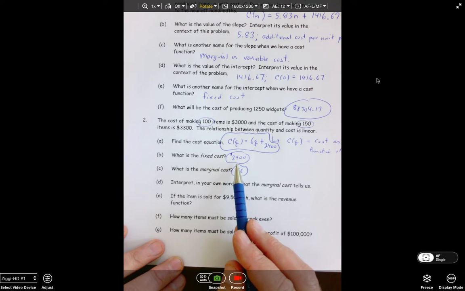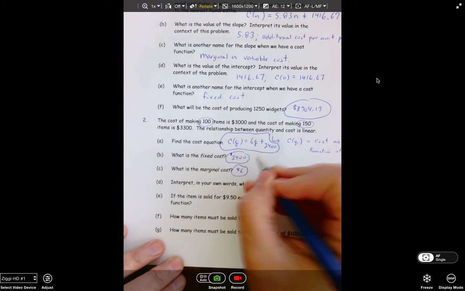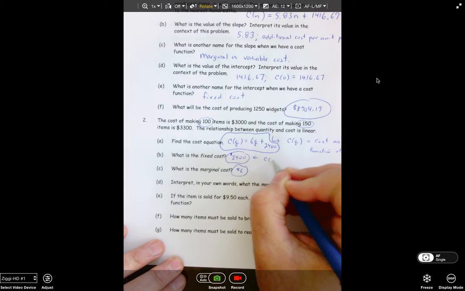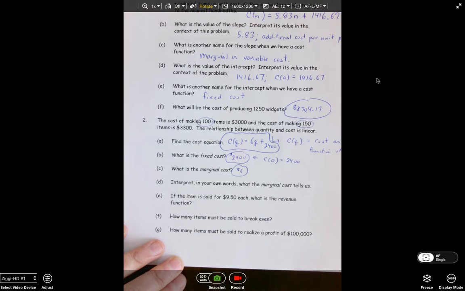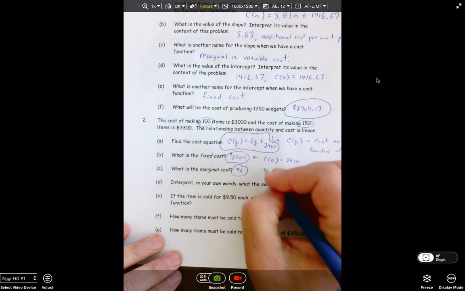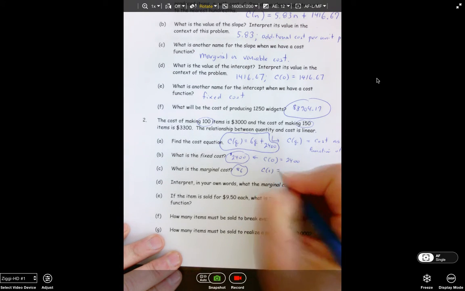I don't ask you to do this, but if the fixed cost is $2,400, that's what it costs to open the doors. So from this, we know that C of 0 is 2,400. Before we produce the first unit, we are looking at a $2,400 cost. So I know that C of 1 is going to be what?